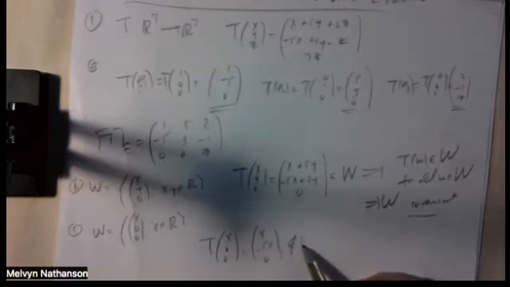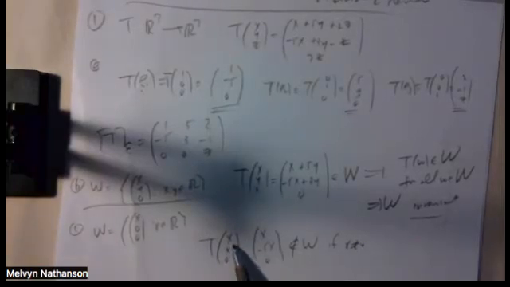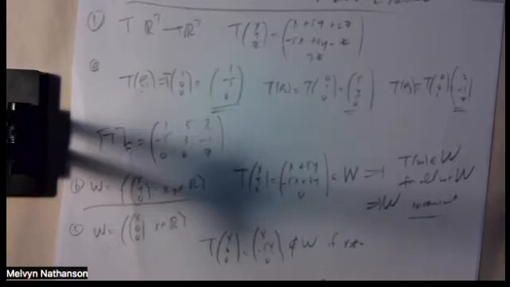So this is not in W if x is different from 0. Because I take a vector in W, here's the image, the second coordinate is not 0 if x is non-zero, so it's not in W. So in this case, W is not invariant.